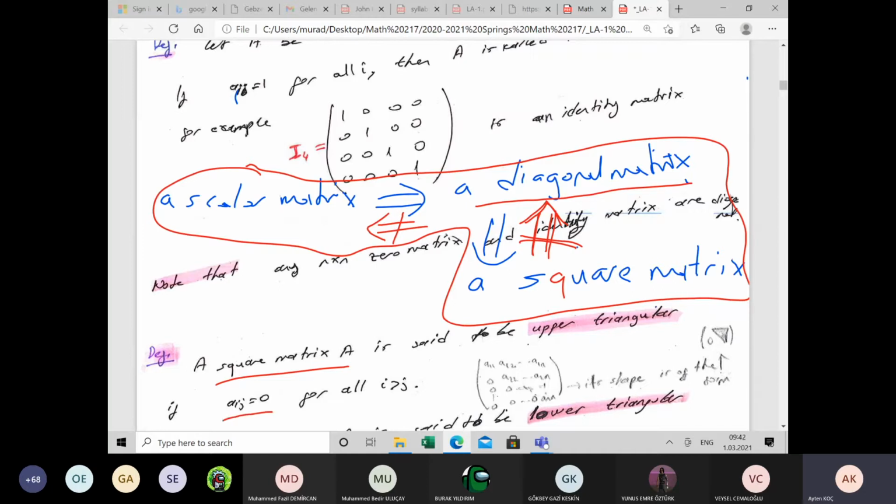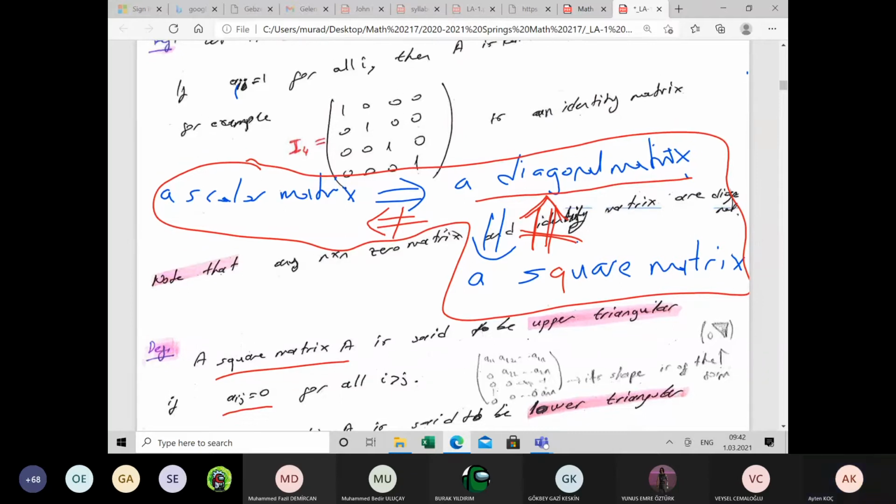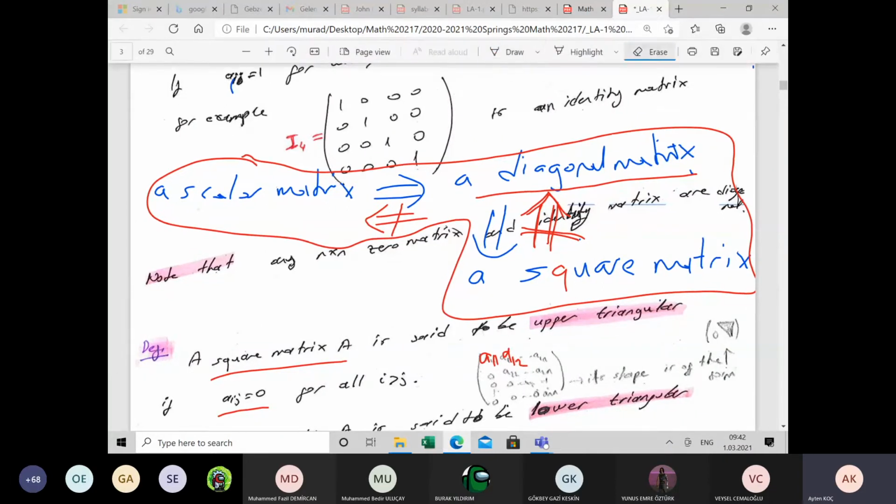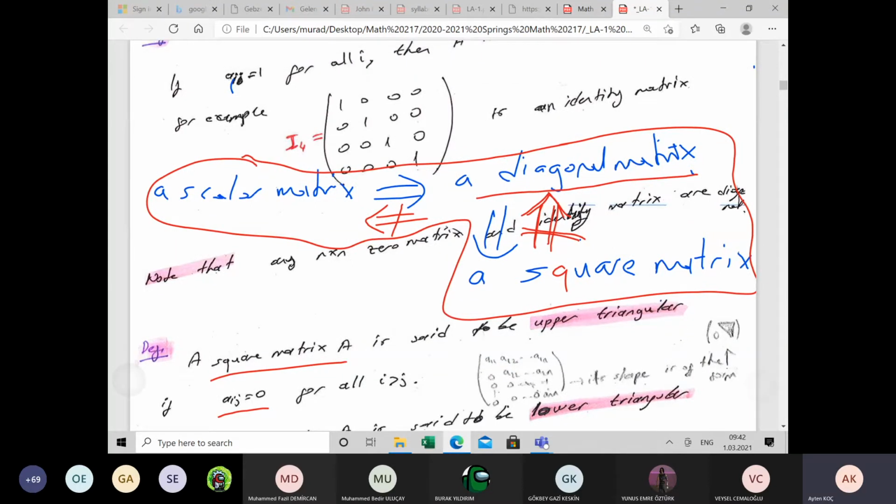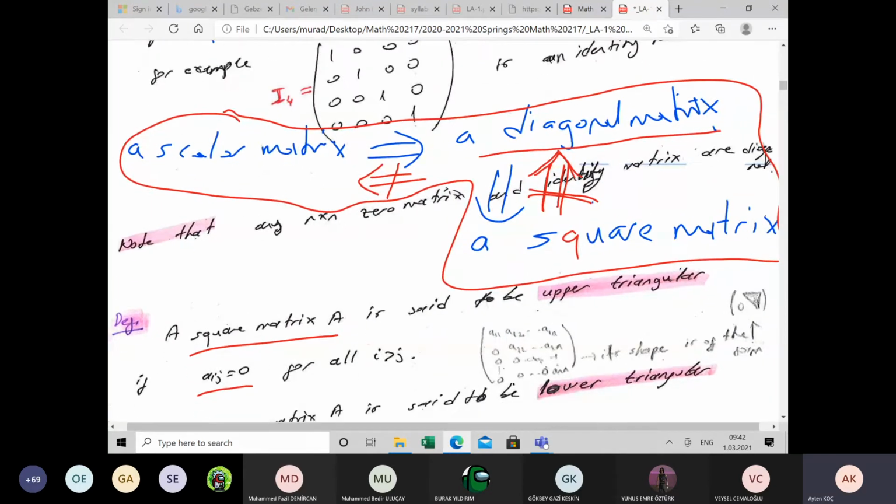And what does it mean? First row, A sub 1 1, A sub 1 2. Look at this matrix. It's okay.